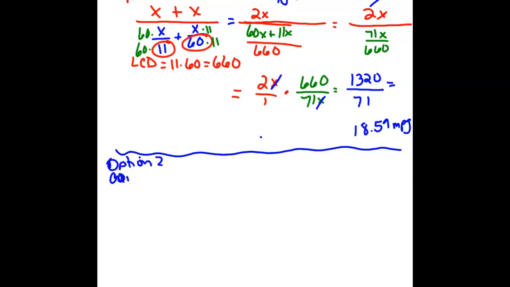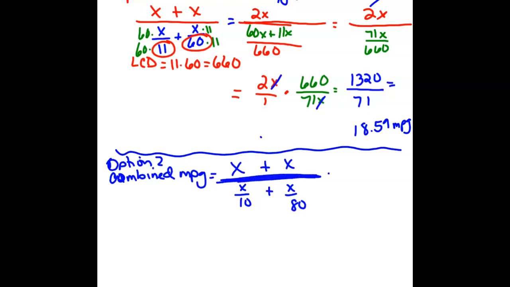Option 2, combined miles per gallon. Total miles was X for the SUV and for the hybrid. The total gallons for the SUV was X divided by 10, and the total gallons for the hybrid was X divided by 80.